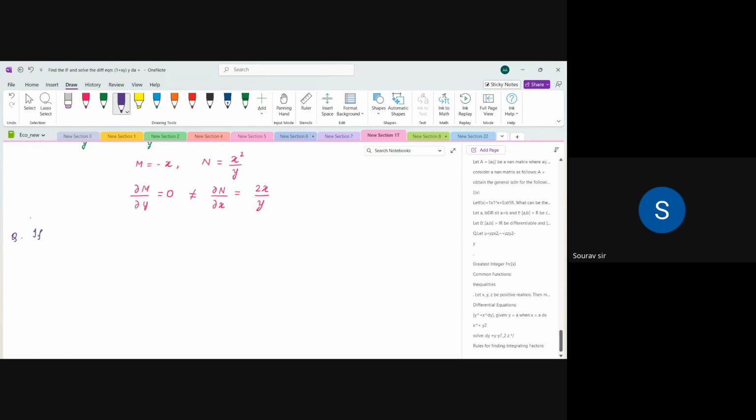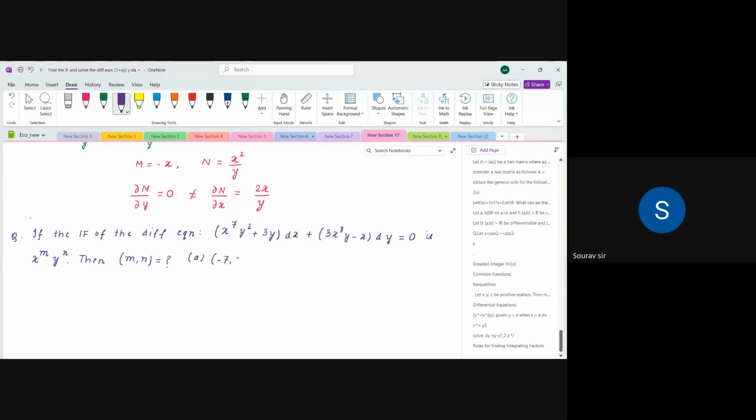If the integrating factor of the differential equation x to the power 7 y squared plus 3y dx, y minus x dy is equals to 0, is x raised to the power m, y raised to the power n, then mn is equals to how much?